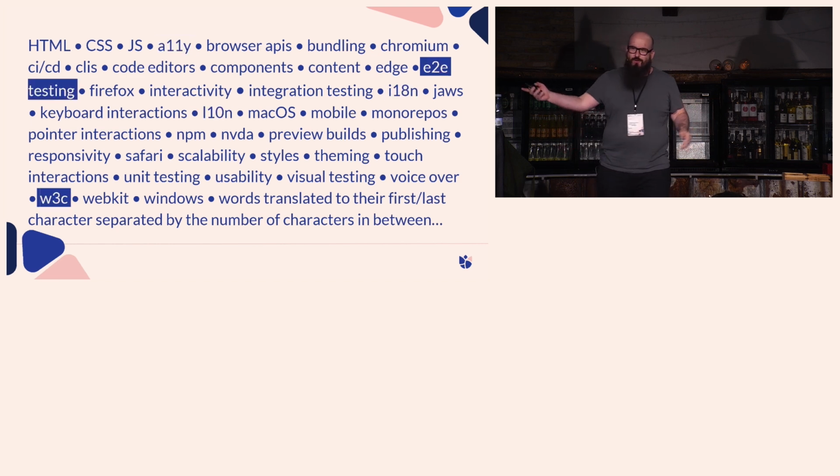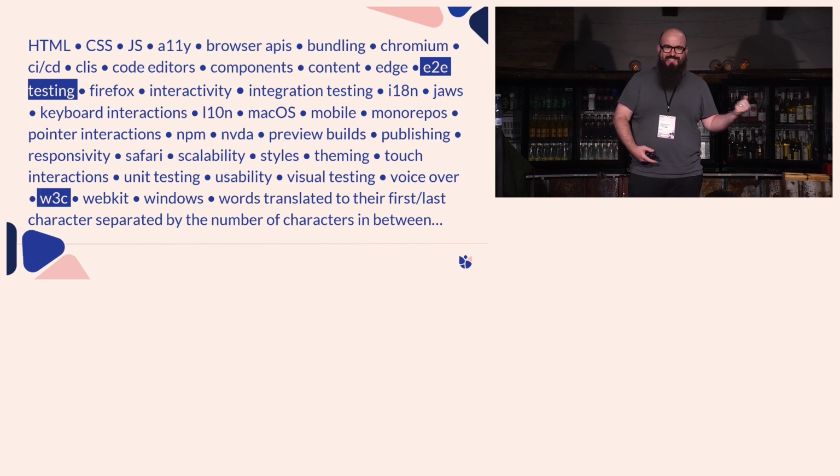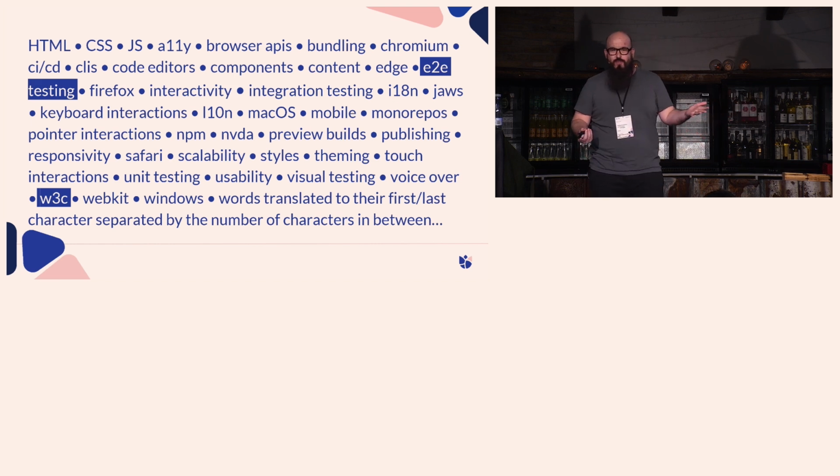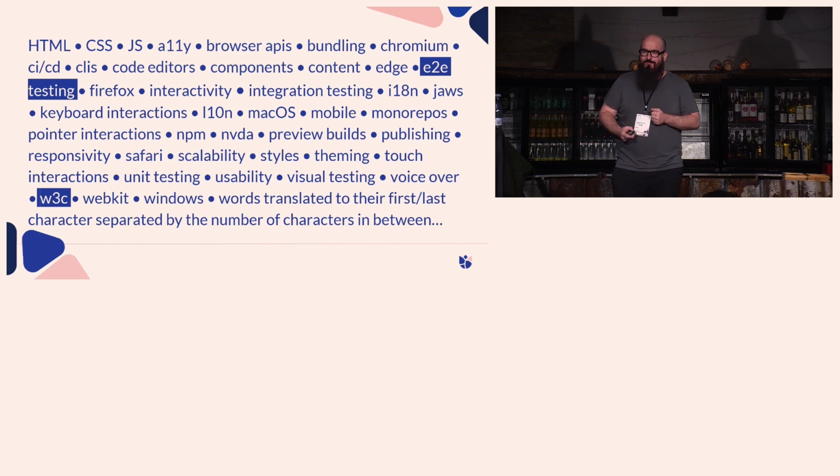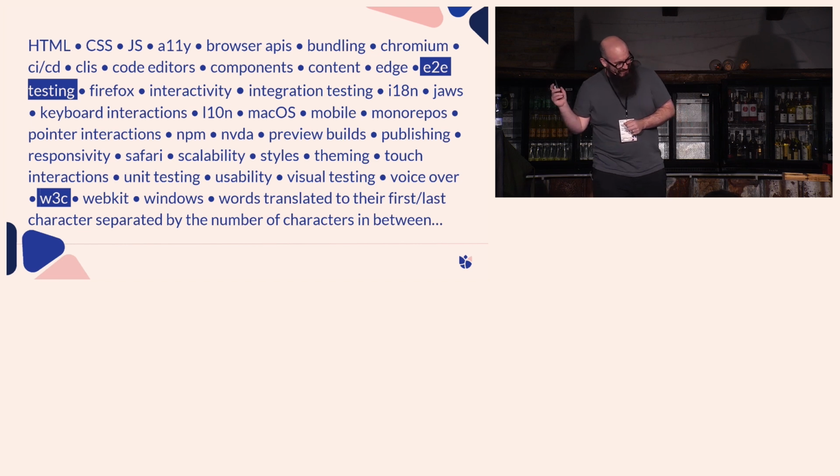But then we break the whole building down and say end-to-end testing as E2E testing, or the World Wide Web Consortium as W3C. There's two W's missing. But that's just to say that there is a lot that goes on when you're a front-end developer.